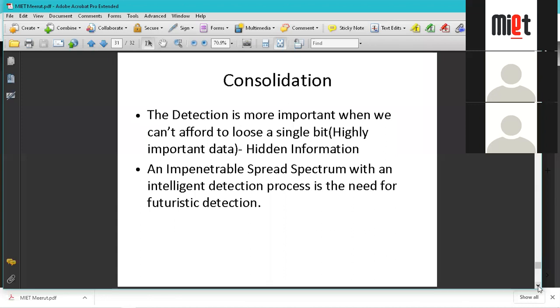This will employ an intelligent detection process, which is the need for the futuristic detection, because all these statistics is going to be embedded, and that will help us to have a much better communication receiver. Let's go to the next one.